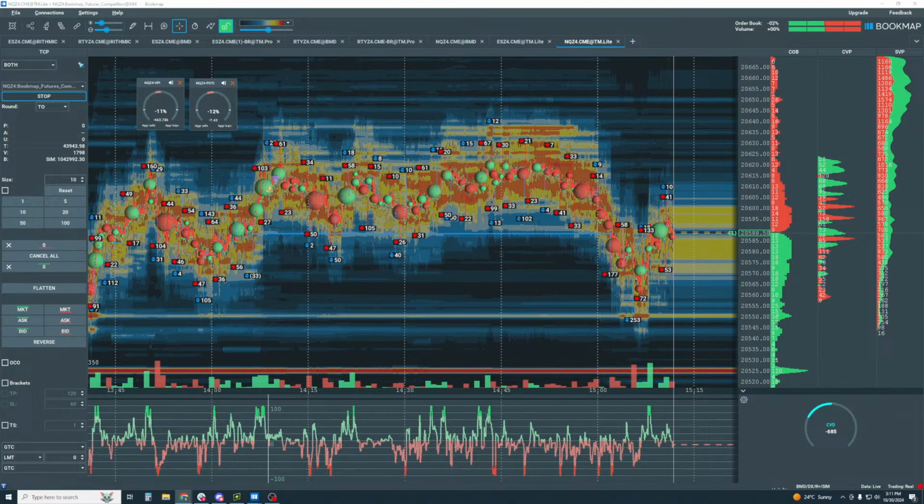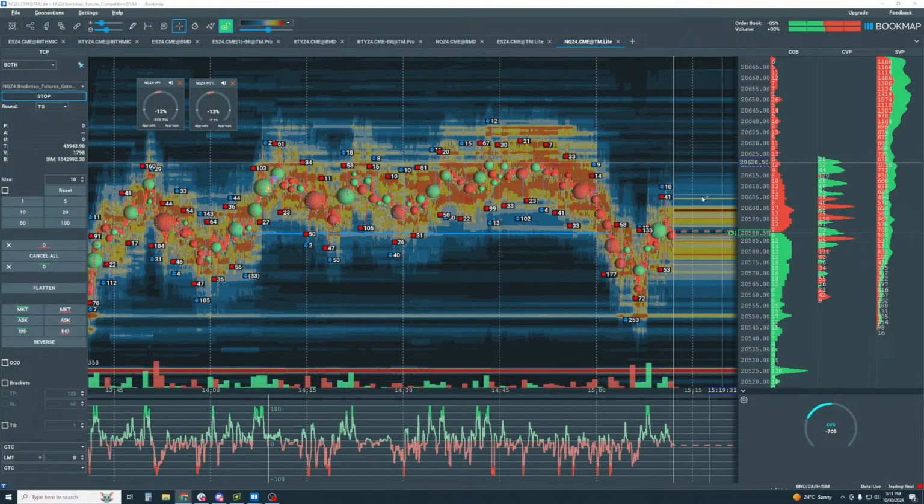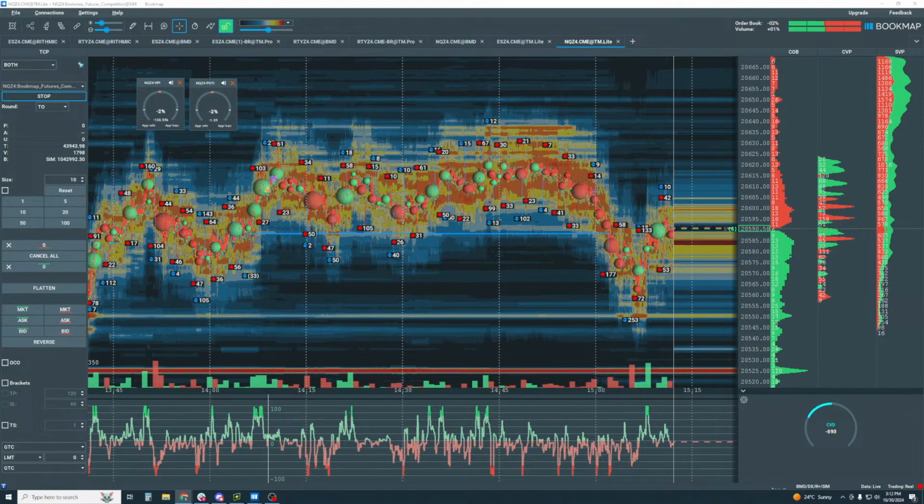Yeah, here we go. Okay, it's just loading. Yeah, just wait until it loads here. All right, let's go over the volume pressure imbalance and pace of tape. Might be better for now.